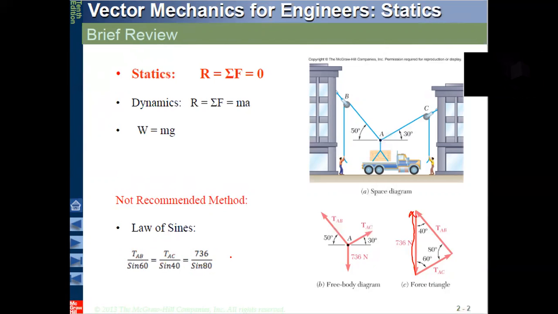But it is not a recommended method, because you need to learn how to decompose vectors into components and then write the static equilibrium for each direction and derive the forces separately, actually in a set of equations.